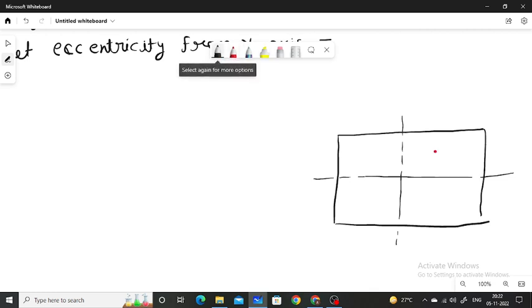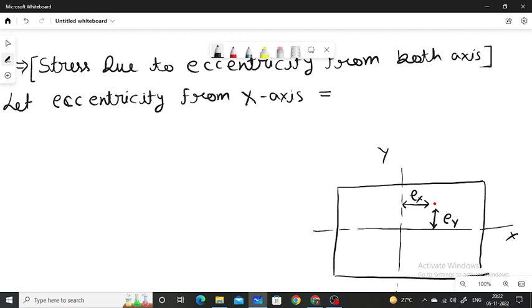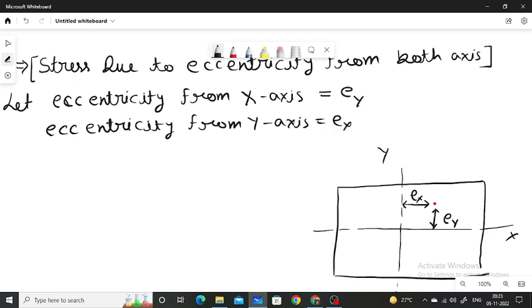Now the eccentricity from the x-axis will be Ey and eccentricity from the y-axis will be Ex. Okay, so eccentricity from the x-axis is Ey and eccentricity from the y-axis will be Ex.